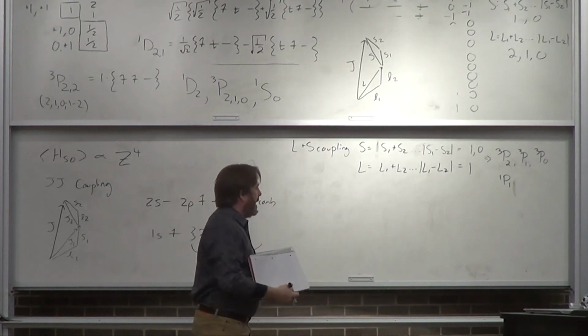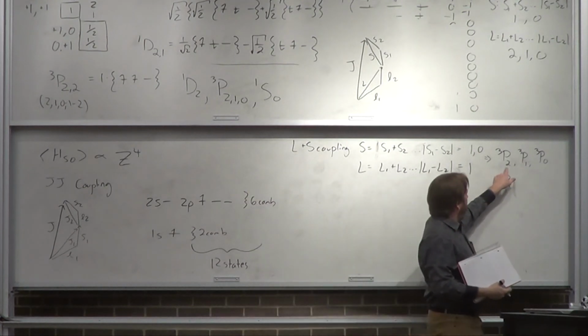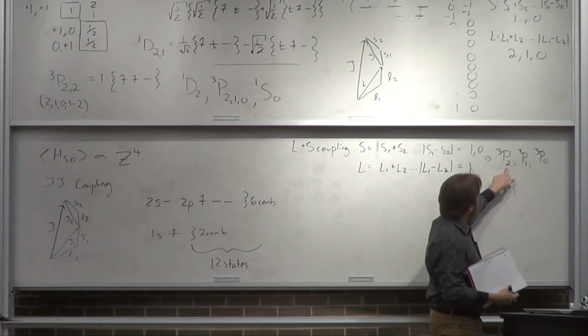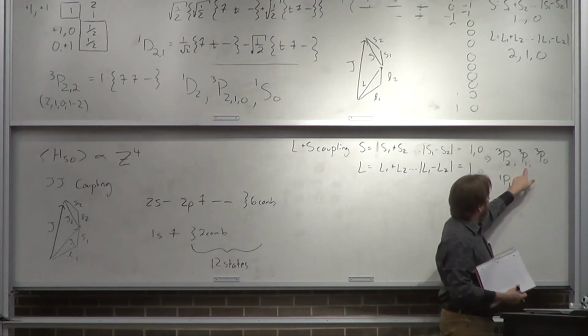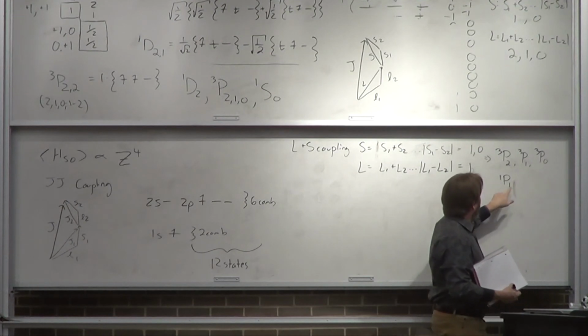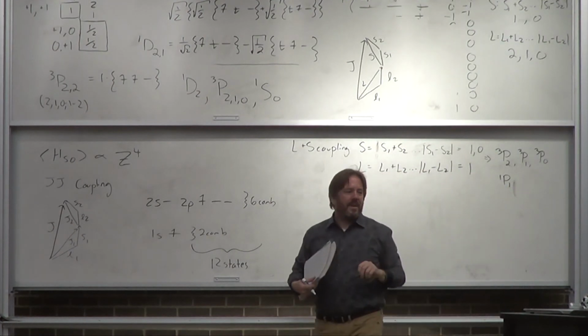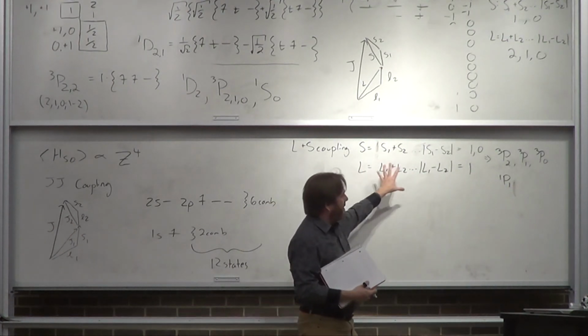That's 3. 2, 1, 0, minus 1, minus 2, 5, minus 1, 0, 1, 0, minus 1, 8, 0, 9, 1, 10, 0, 11, minus 1, 12. There's 12 states. So now you see how easy this is.